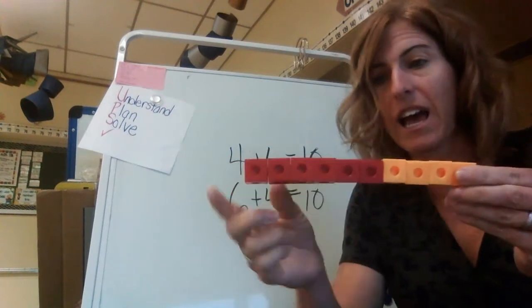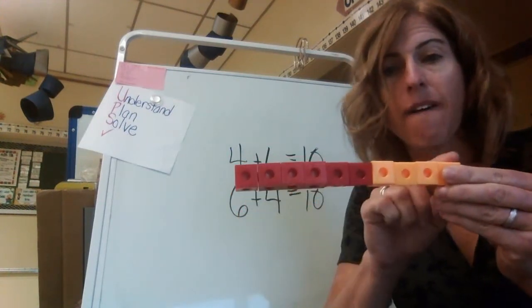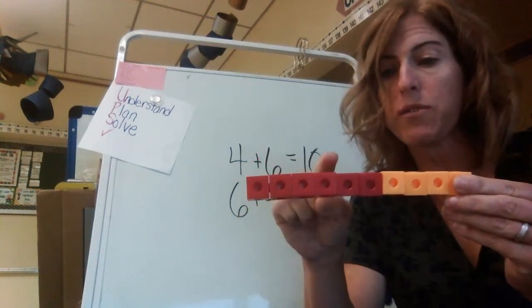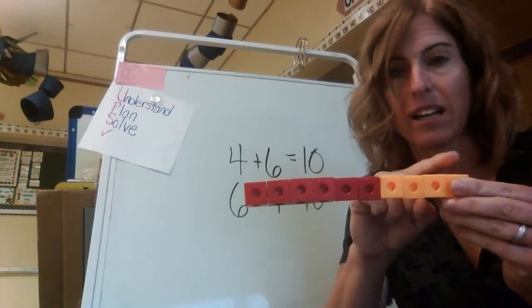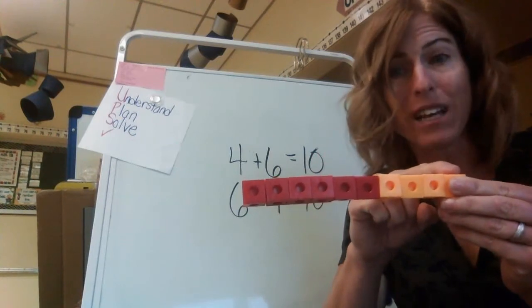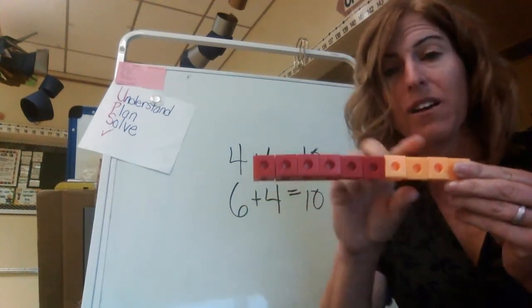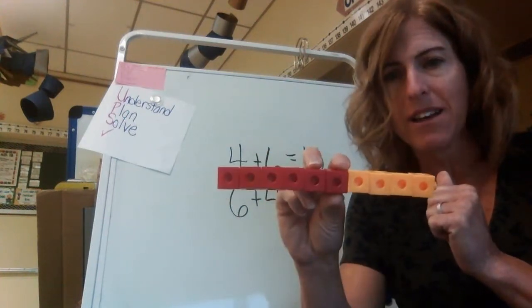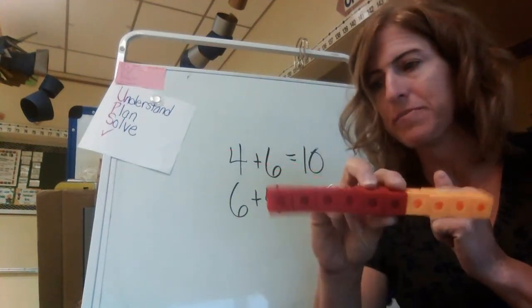And all of a sudden I have 6 plus 4. It still equals 1, 2, 3, 4, 5, 6, 7, 8, 9, 10. That's right. So don't let it trick you when it asks you for the addition sentence that is the same. All it's talking about is the abracadabra fact. How can you turn the equation around?